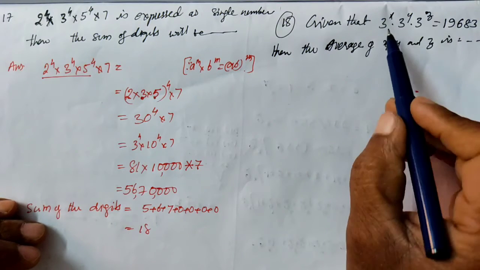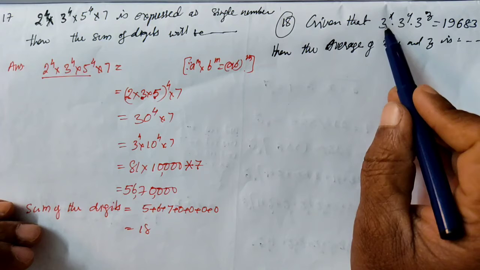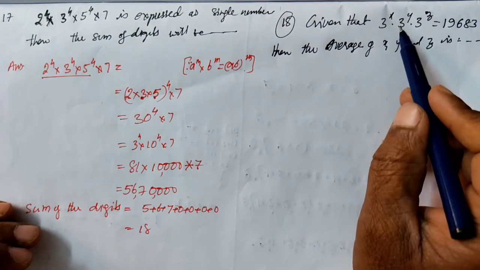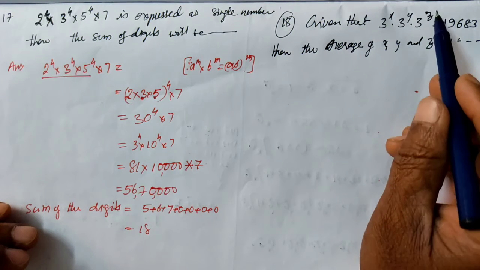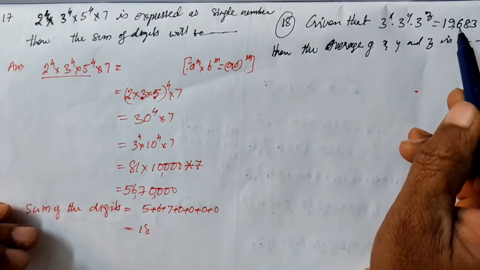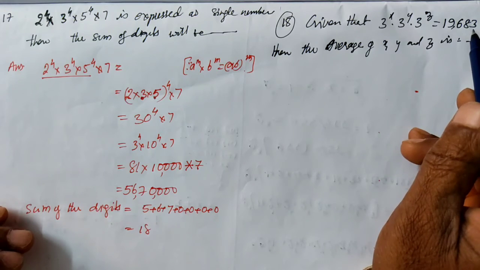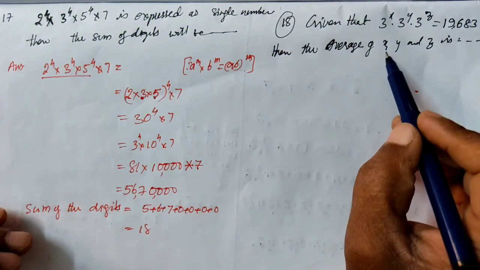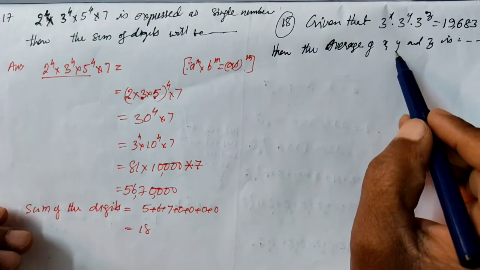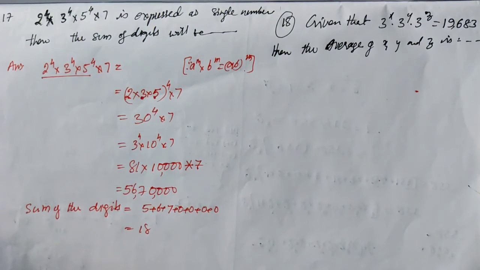So what is the given? 3 to the power of x into 3 to the power of y into 3 to the power of z is equal to 19,683. So from this given we have to find the average of x, y, z. So it is also very easy.